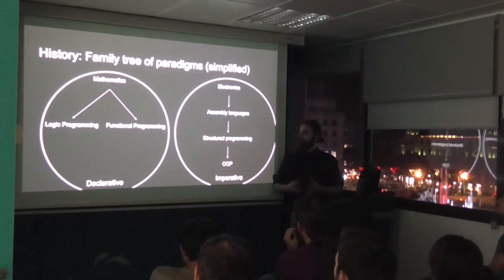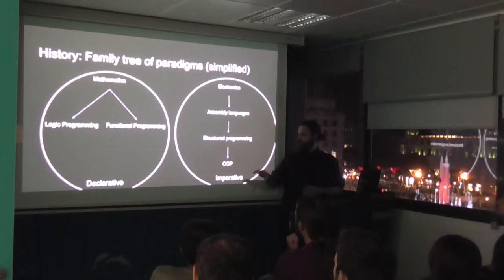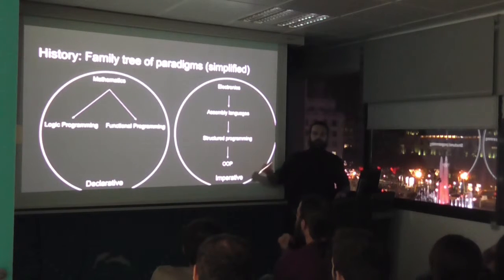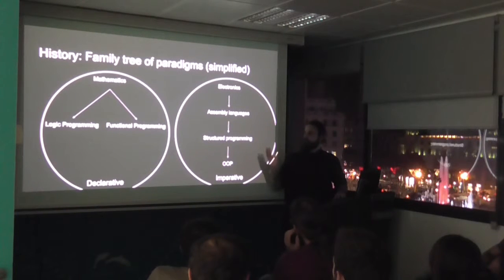At the end it's simpler to think in two sets, declarative languages and imperative languages. They were born with different fathers, so they are completely different. Most languages we use are imperative, like C, Python, Java, .NET.